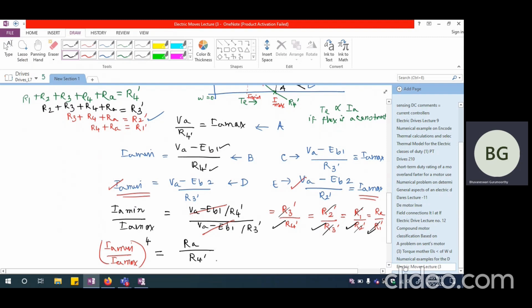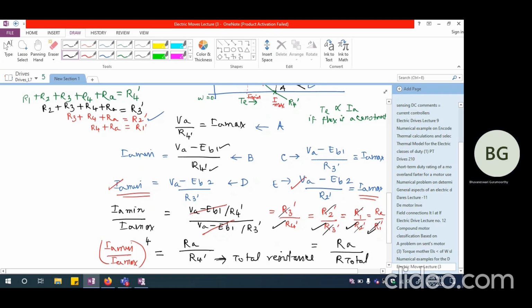If I may call this as R total or whatever, so this is the total resistance, which could limit the current to the maximum armature current value, which could be commutated successfully by the commutator itself. So this is going to be equal to RA divided by R total.